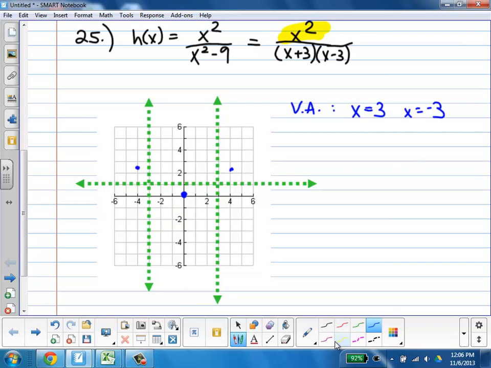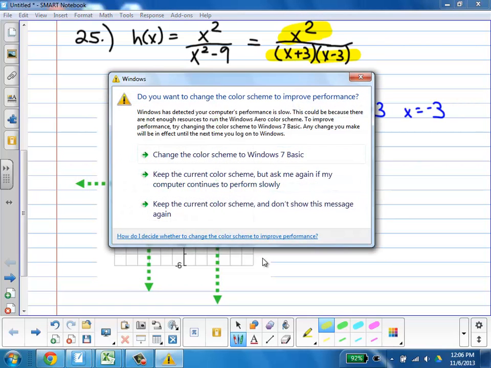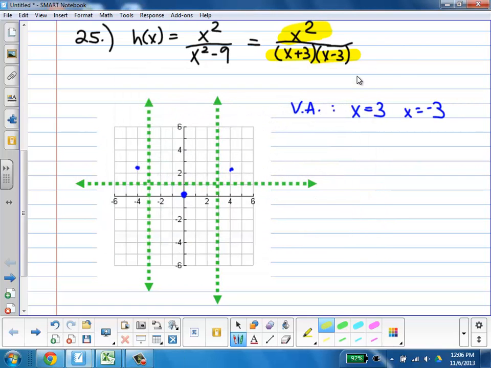But let's think about this. Look at your factored form over here. Think of it just like those polynomial graphs from last unit. There are 3 factors, one of which has multiplicity 2, and the other 2 have multiplicity 1. So 3 factors, but a total degree of 4, if we're ignoring the fraction. Just look, we have an x squared, an x plus 3, and an x minus 3.